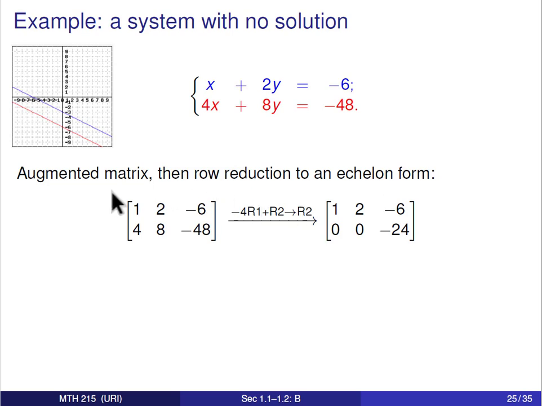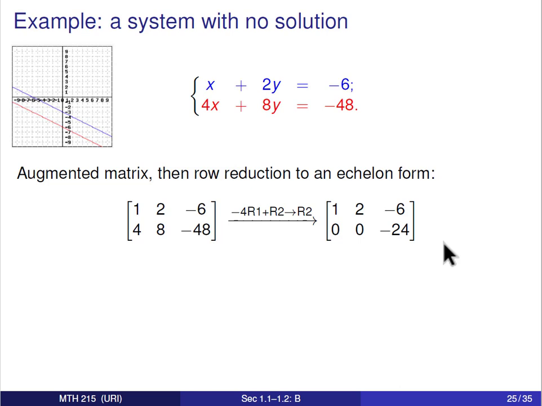We might write above here -4 times row 1. -4 times row 1 would look like -4, -8, and positive 24. If I add -4 to 4, I get 0. Add -8 to positive 8, that gives me 0. Add positive 24 to -48, that's going to give me -24.